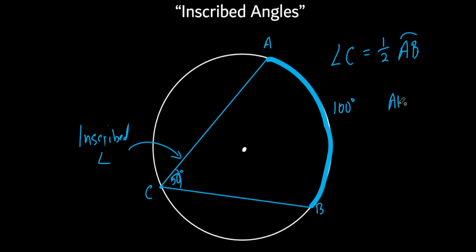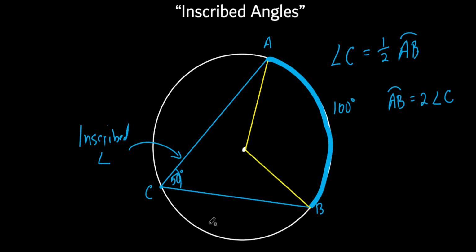I could have said that the arc is double or 2 times that inscribed angle. It's pretty easy, isn't it? Yeah, it's not quite as easy as the central, but it's good enough. What if, just for the fun of it, let's put the central angle and make it cut off arc AB.